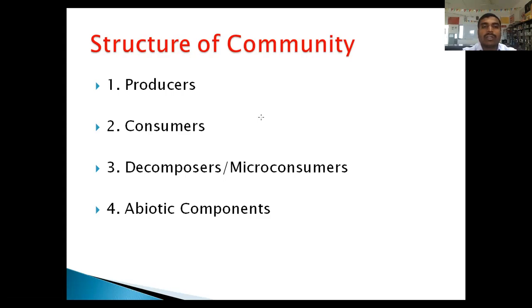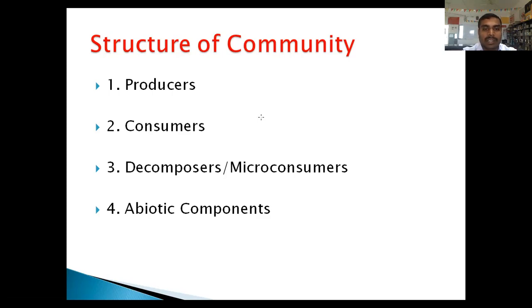Then it also includes materials like water, minerals, atmospheric gases, salts, etc. Their circulation is called mineral circulation or biogeochemical cycles that we had studied already in previous years, and we will study in detail in next lectures.